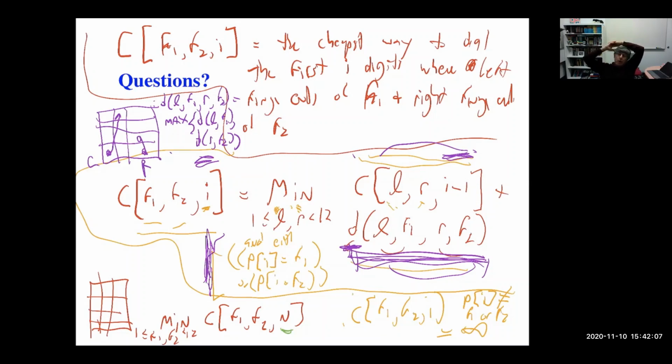Then the longer of the two is what governs it. Any questions about that? Okay. Any questions about this problem?